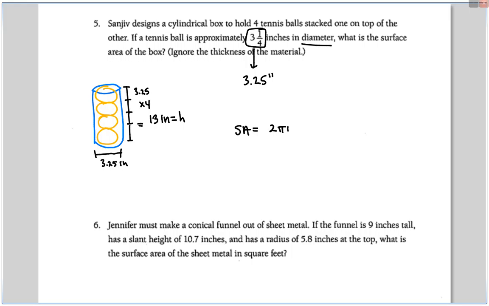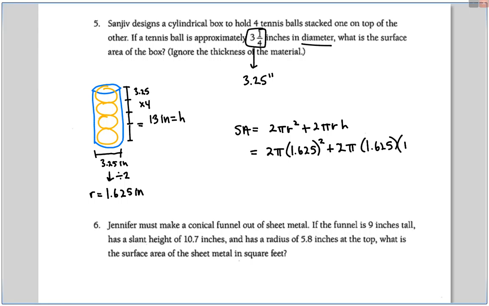Okay, so when you go to the surface area of the box, the surface area formula, which is 2 pi r squared plus 2 pi rh, all we have to do is adjust this diameter by dividing by 2. Okay, so there's the radius. So 2 pi, the 1.625, we have to square that, plus 2 pi 1.625 times the height.